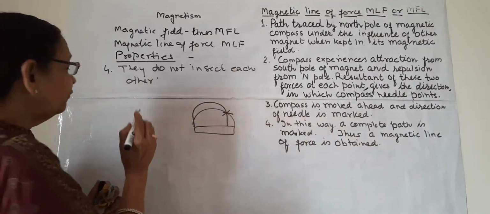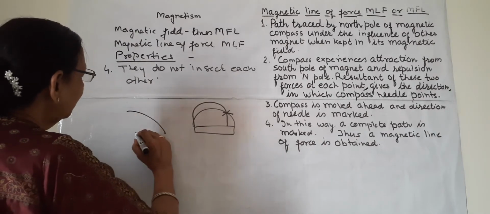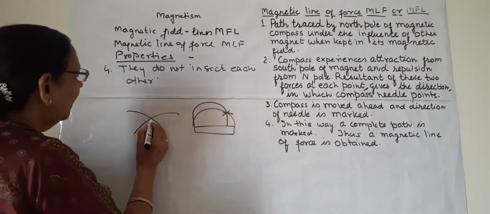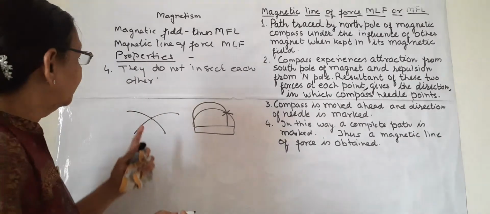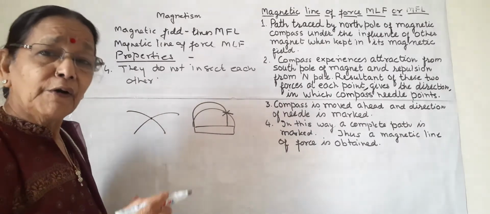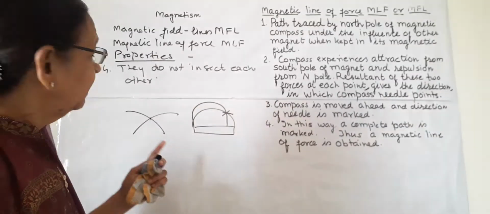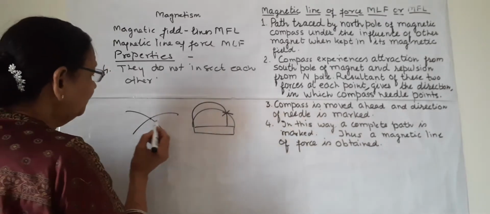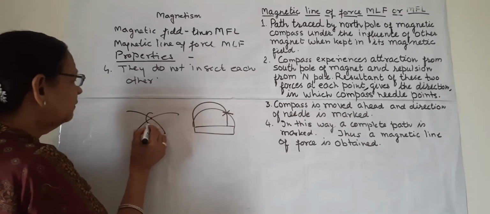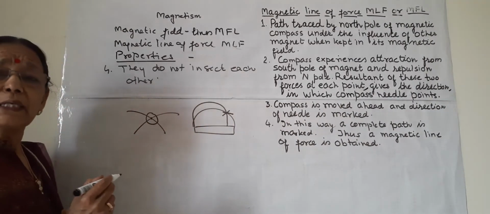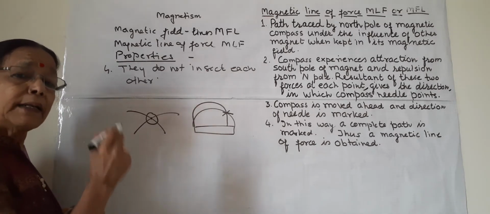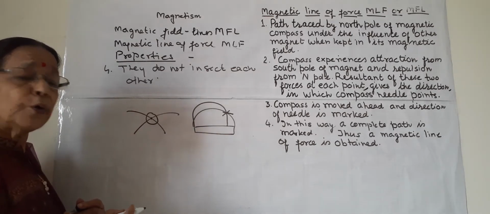How will we prove this? Suppose this is one line and this is the other line, and they are intersecting at this point. This is the point of intersection. Suppose this is happening. So when we put our compass at this place, in which direction should the needle show?